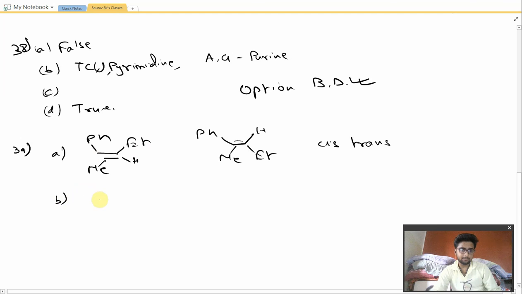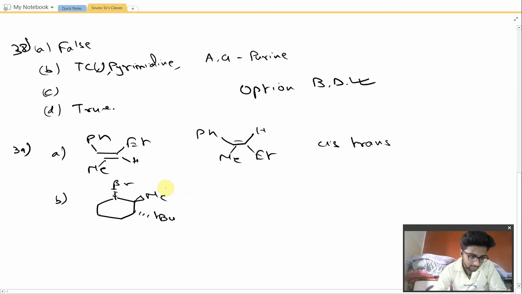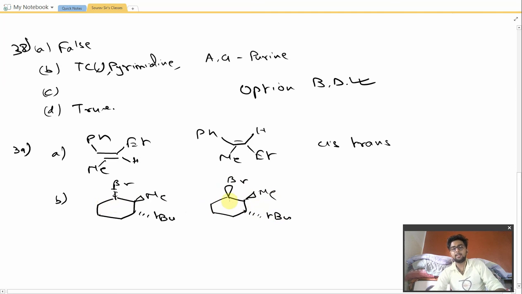Now the next which is given is Br, Me, and tertiary butyl. The structure is very small. Now, this is a cyclohexane ring, so we might be considering the chair form.